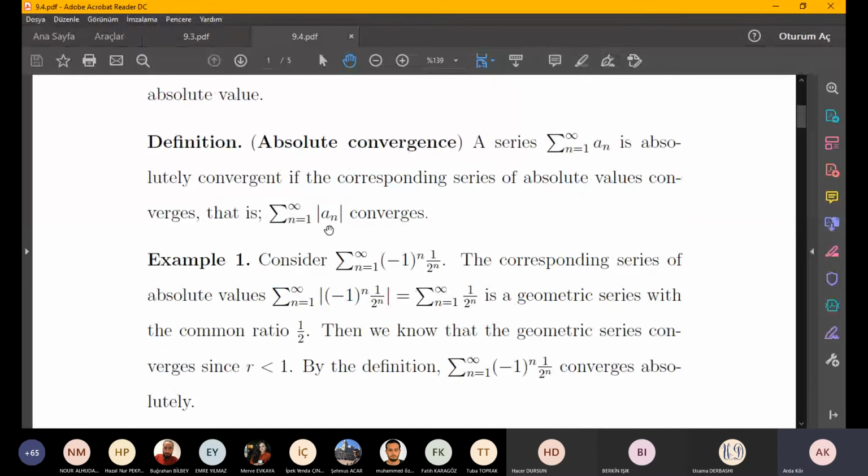So by taking the absolute value, we make the series positively defined. And let's see here.